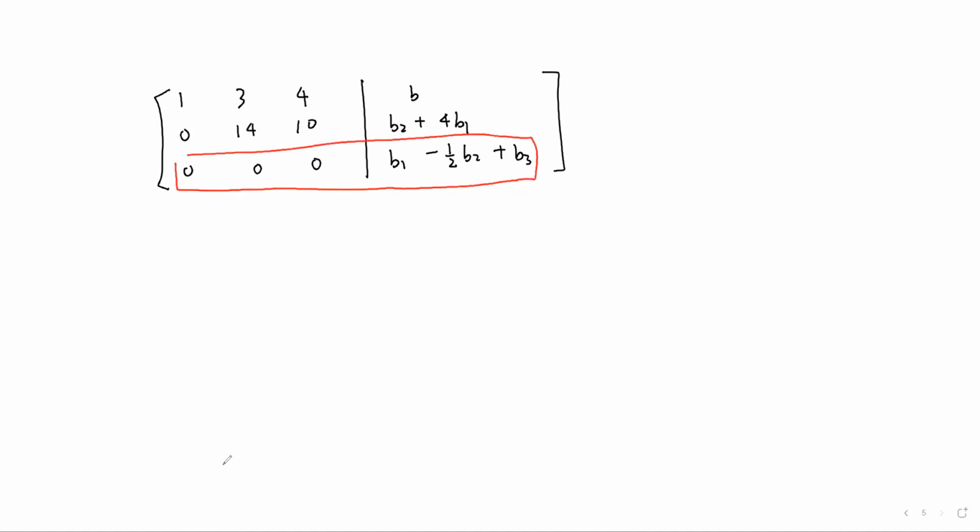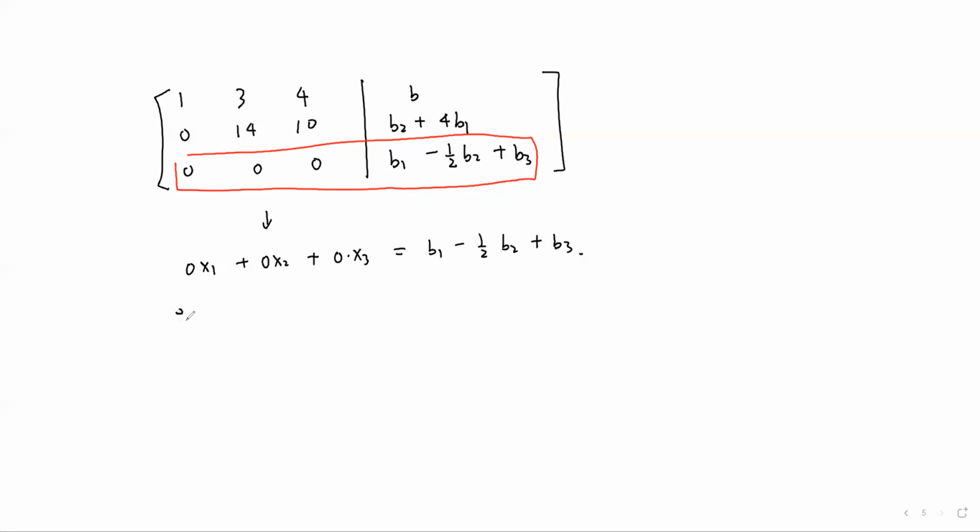This row is the following equation: 0 times x1 plus 0 times x2 plus 0 times x3 is equal to this. Now, ask yourself whether or not this equation has a solution for arbitrary B1, B2, and B3. The answer is no. For some B1, B2, B3, this equation has no solution. When the right side is non-zero, this equation has no solution.